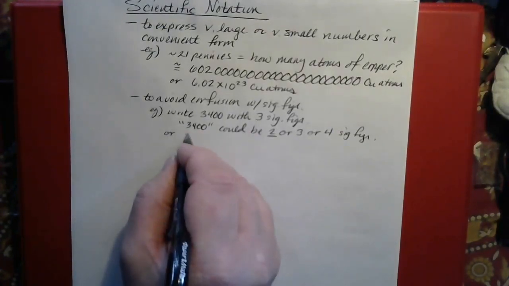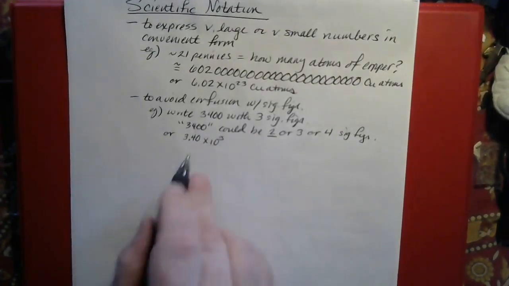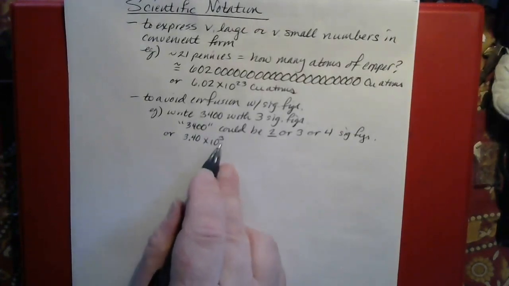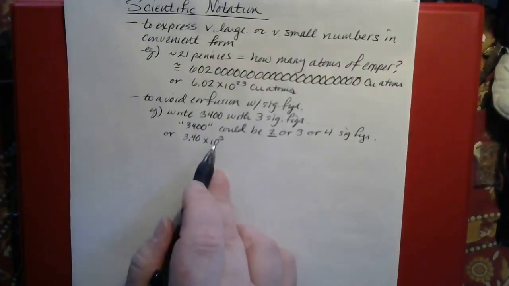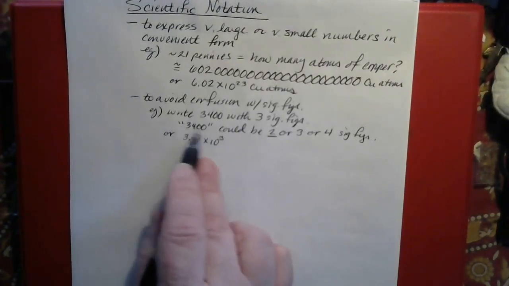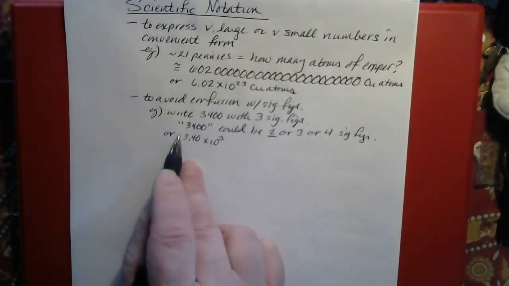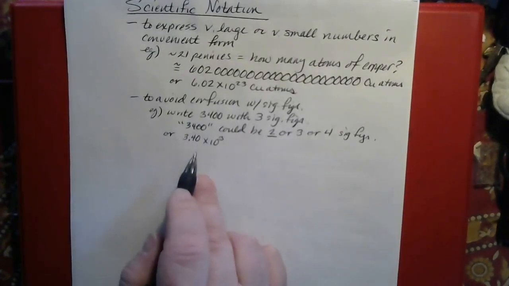But in scientific notation, you can take care of that by writing it as 3.40 times 10 to the third. 10 to the third is 1,000, so 3.40 times 1,000 is 3,400. But 3.40 clearly has 3 significant figures in it.